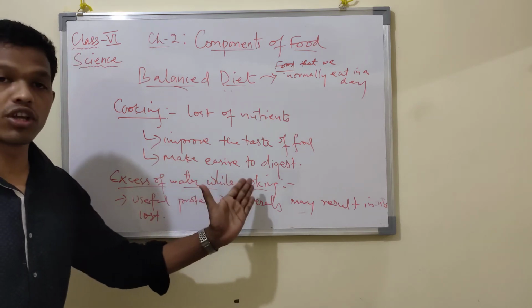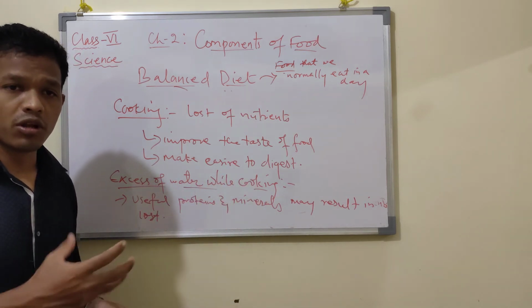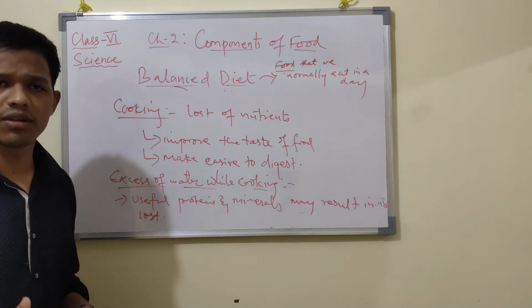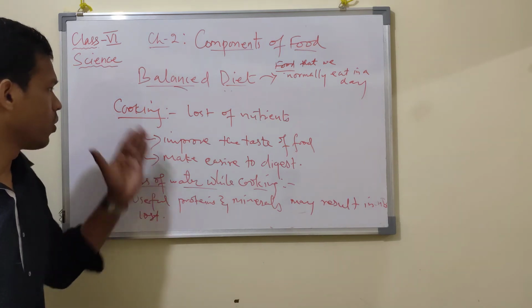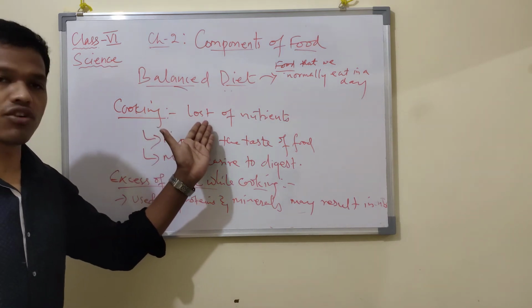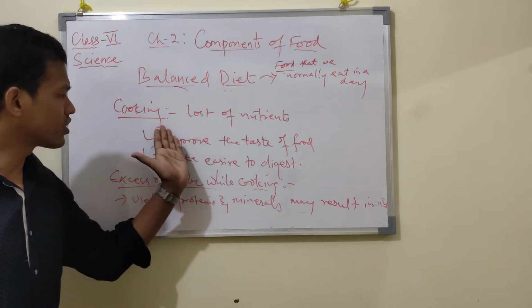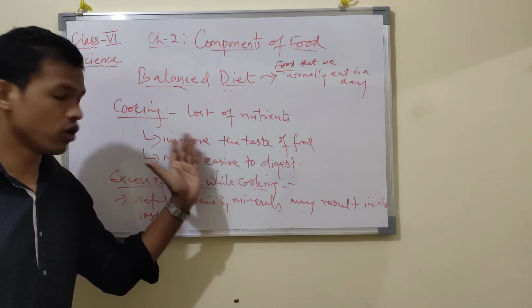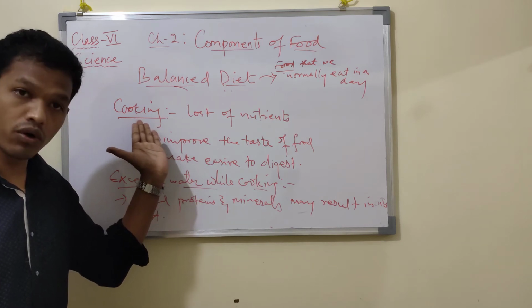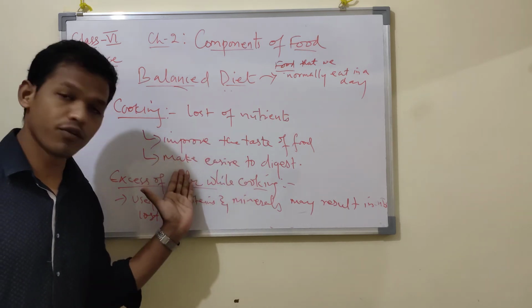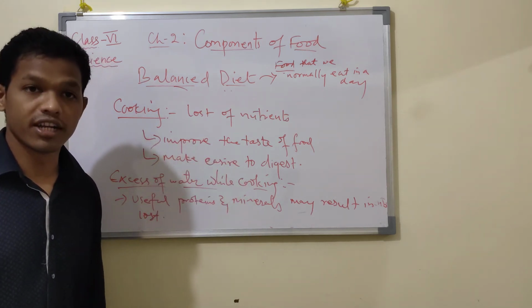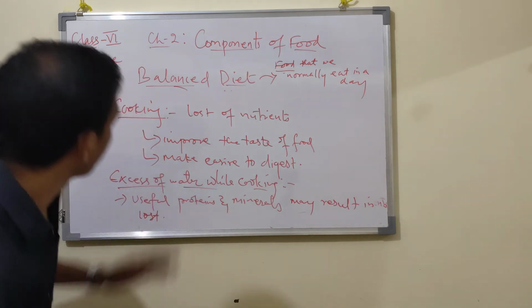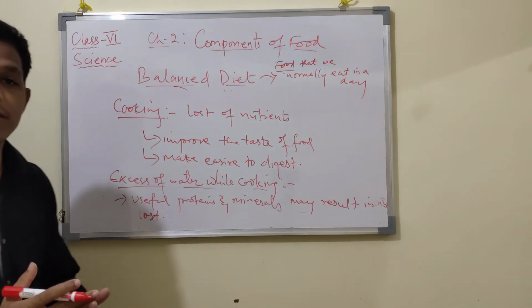Excess of water while cooking may result in loss of what? Minerals and proteins. So you must cook properly, because cooking improves the taste of the food and makes it easier to digest. Before cooking, we cut some vegetables.